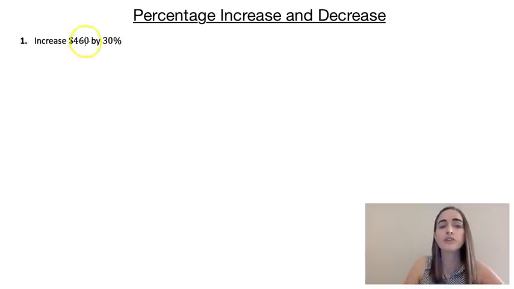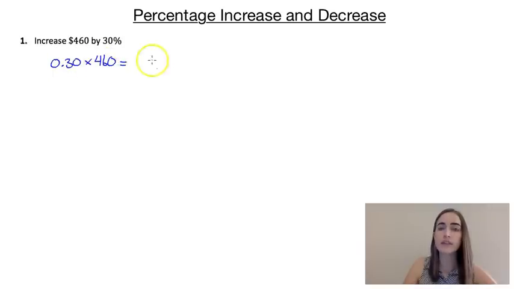So if we're going to increase $460 by 30%, the first method is to figure out what 30% is of $460. So we would write either 0.30 or 30 over 100, and we're going to multiply that by $460. If you pop that in your calculator, you'll find out that 30% of $460 is $138.